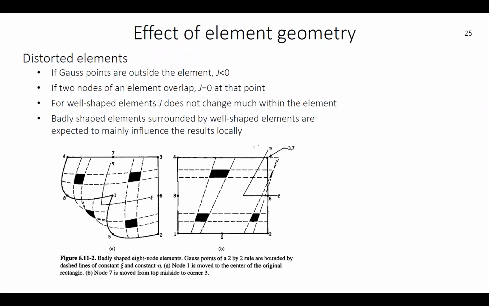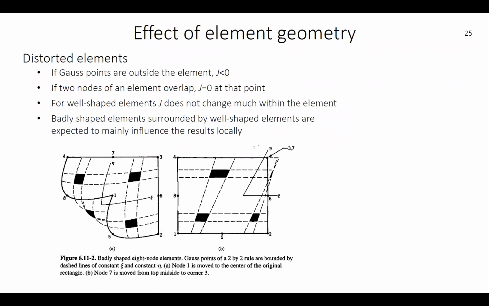If 2 nodes of an element overlap, then the Jacobian will be 0 at that specific point. So the Jacobian is evaluated at all the Gauss points. At that specific point, you will have a 0 value of the Jacobian. So 0 contribution to the integral in that specific point.